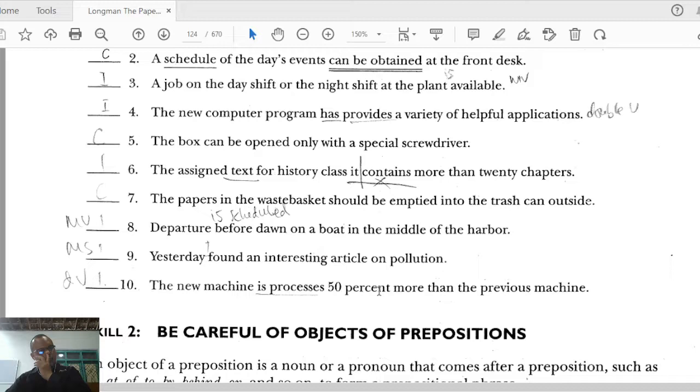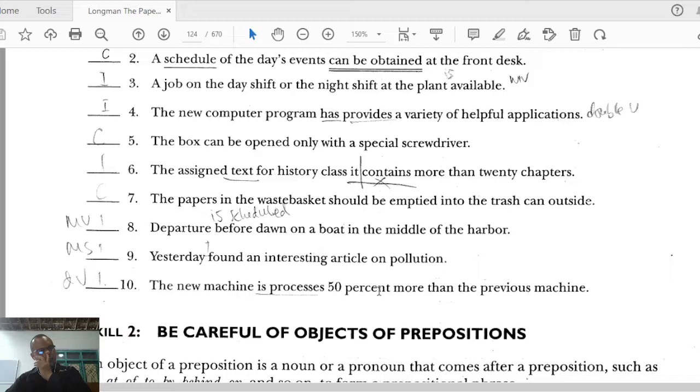So skill number 2, be careful of object of preposition. An object of a preposition is a noun or a pronoun that comes after a preposition, such as in, at, of, to, by, behind, on, and so on, to form a prepositional phrase.